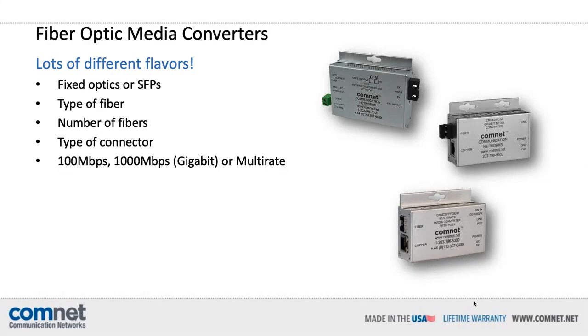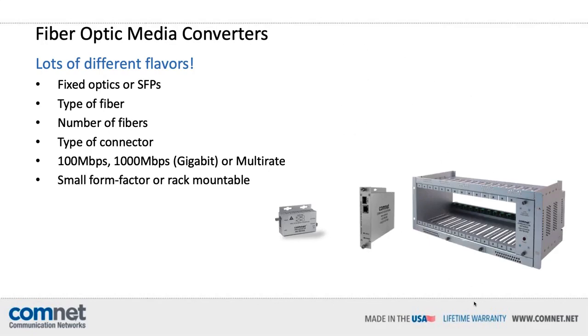Ethernet runs at different speeds, so you also have to decide what data speed you want running over that fiber. There is 100 megs per second, 1000 megs per second, also called gigabit, or multi-rate media converters that allow you to slide in either a 100 or 1000 megabit per second SFP for flexibility. You also have to decide on the form factor for the media converter. They come in a mini size, a medium mini size, and a full ComFit card size.